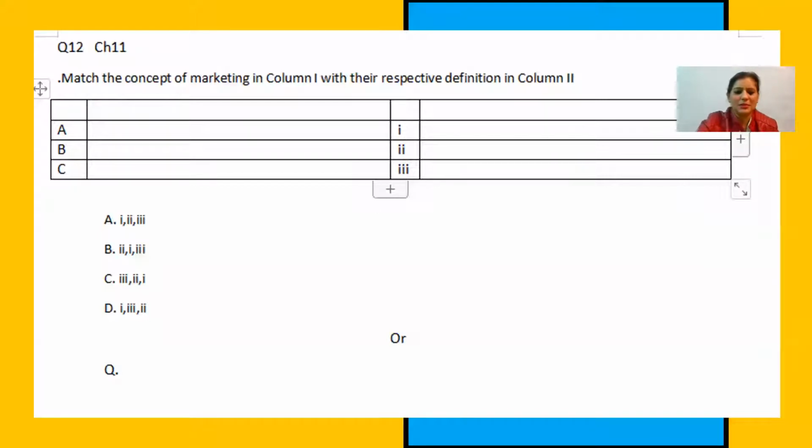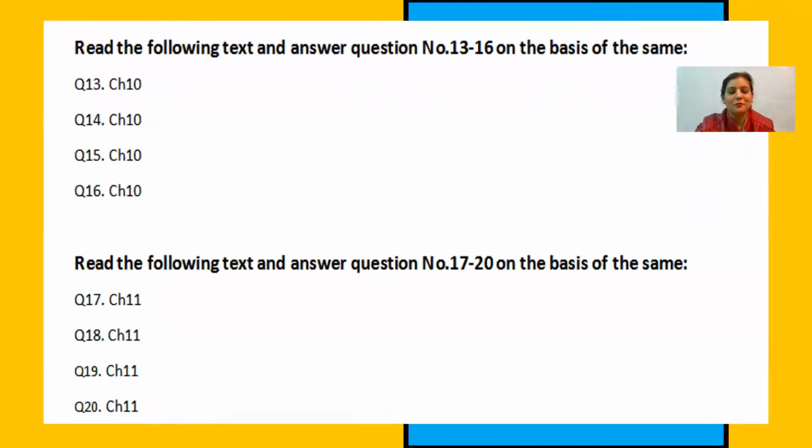Optional part can be match the column or any other form. There are 2 internal choices in 1 markers. Internal choices means a question, then another question, with choices from the same chapter. We are discussing 1 markers, and in 1 markers we observe a case study.